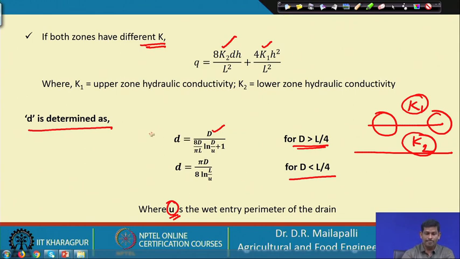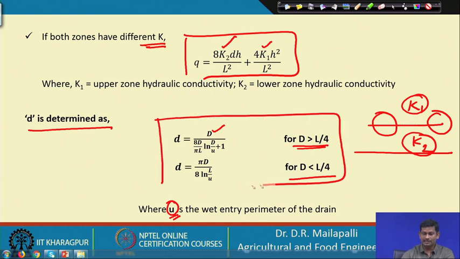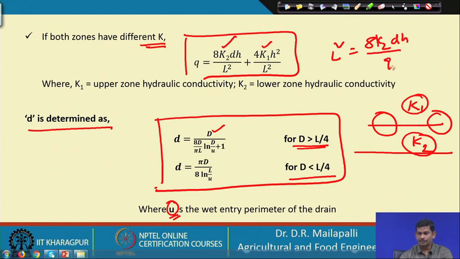So, with this equation and with these conditions you can estimate the L value. But remember, the same equation can be written as L square is equal to 8 K2 dH by Q plus 4 K1 H square by Q. Okay.